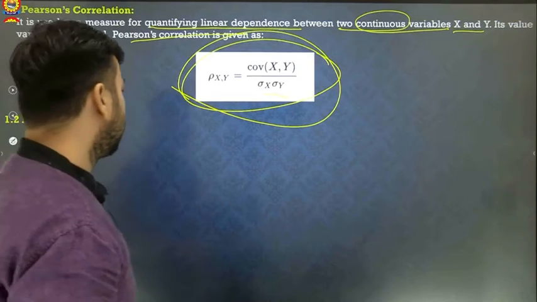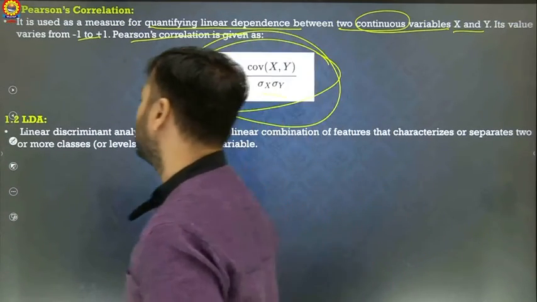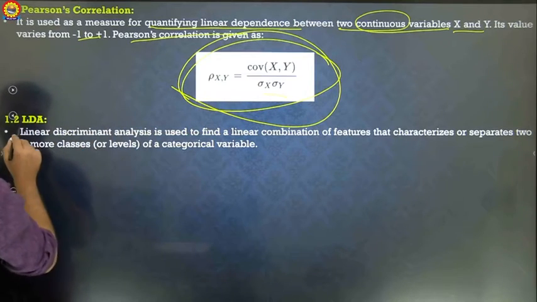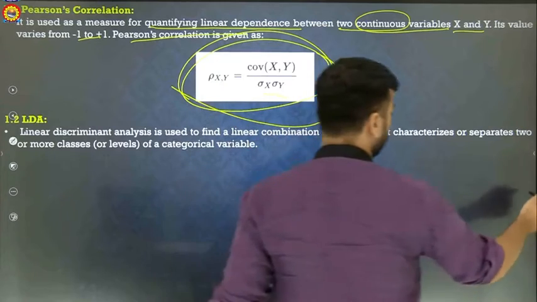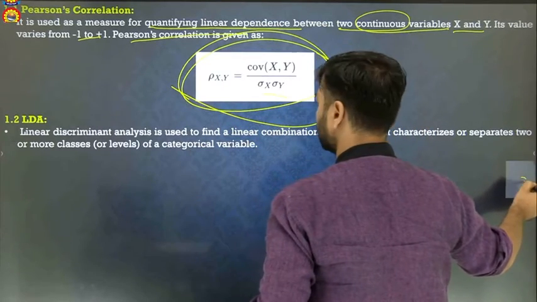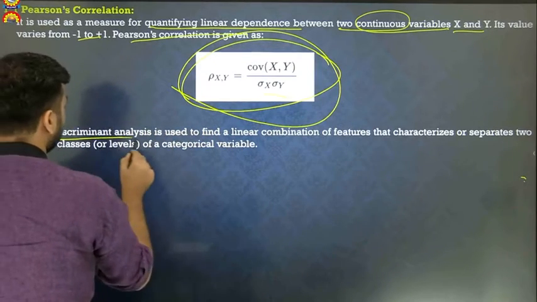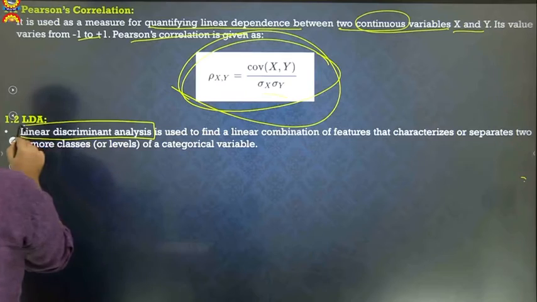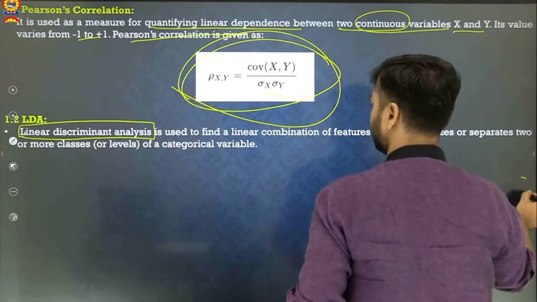So now next, LDA. LDA simply stands for linear discriminant analysis. LDA is simply known as linear discriminant analysis.